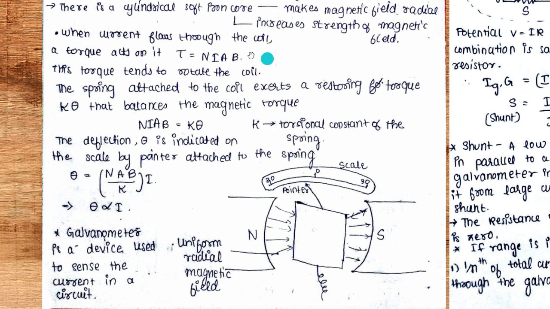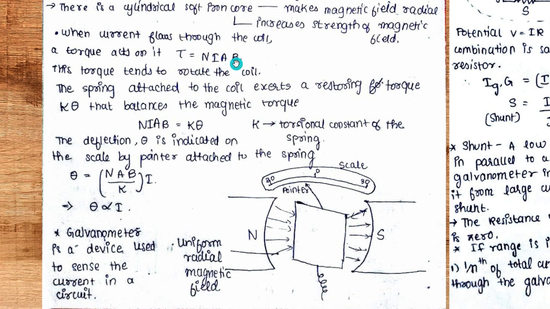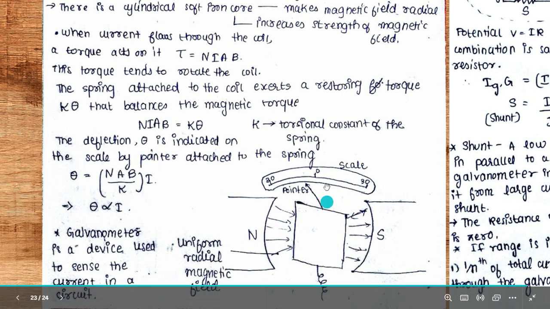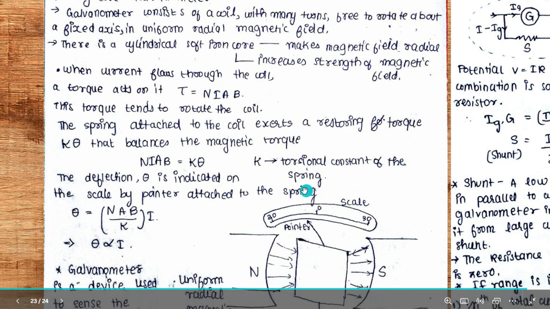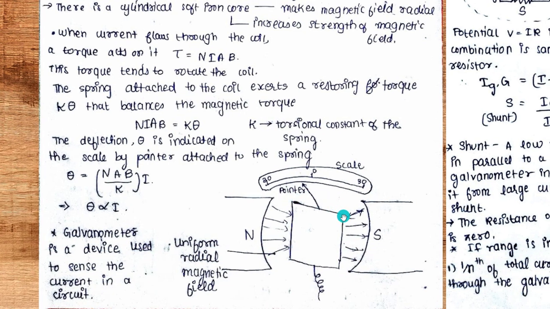Now, when current flows through the coil, a torque acts on it. Now, what is the torque? That is NIAB. So this torque tends to rotate the coil. Now, if I apply a torque, that is rotation, to this galvanometer, what will happen here?